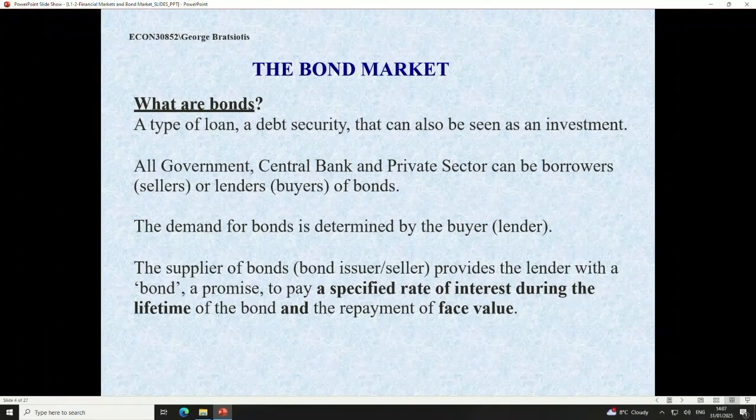So, if I am a central bank and I buy government bonds from commercial banks, what am I doing? Anyone? Am I increasing the money supply or decreasing it? I'm increasing it. Why? Because I buy pieces of paper from banks and I give them liquidity, money. So I increase the money supply.